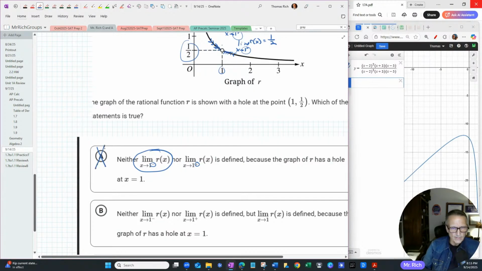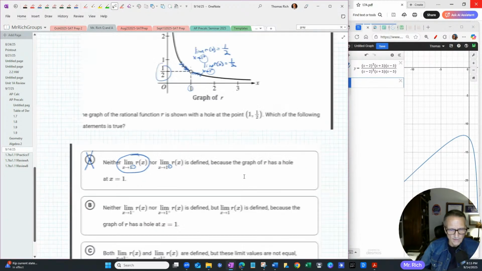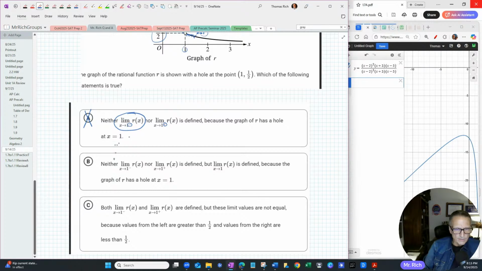No, they're both defined, and they're both equal to 1/2. It says neither is defined, but the limit as you approach 1 is defined. I don't think that is true because these are both defined, and therefore that is defined. That's how it works. If both of these are defined and they are the same value, then the two-sided limit, that is the limit as x approaches 1 overall, will be defined, be that same value.